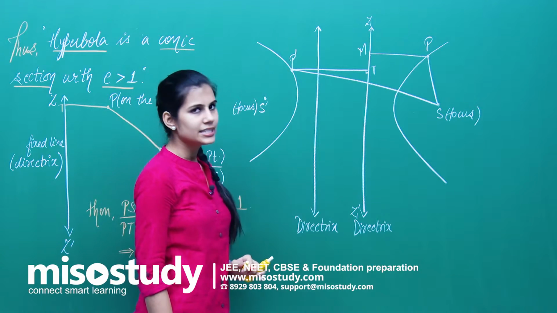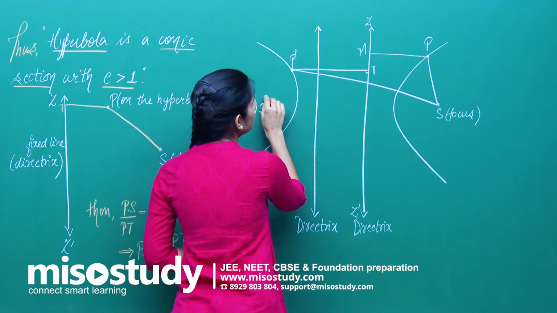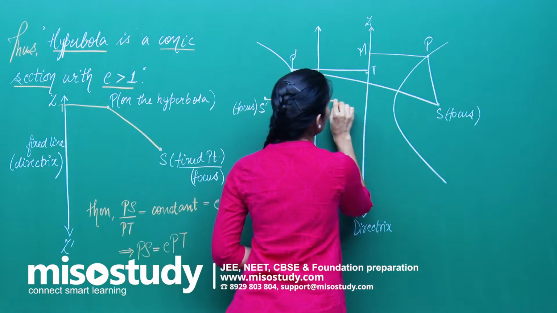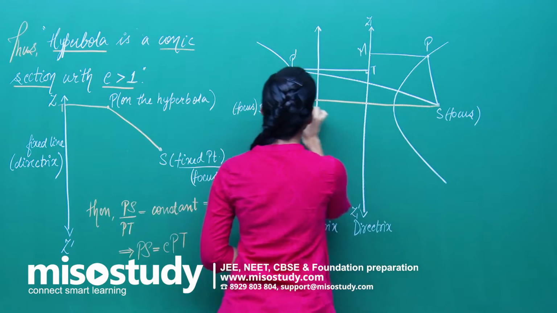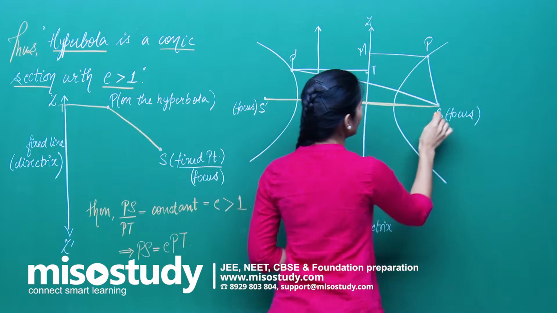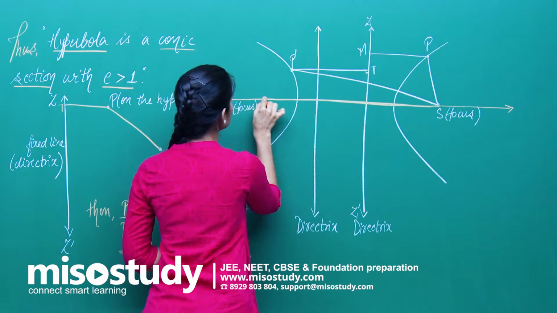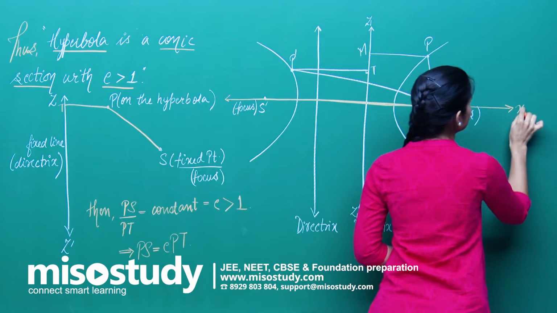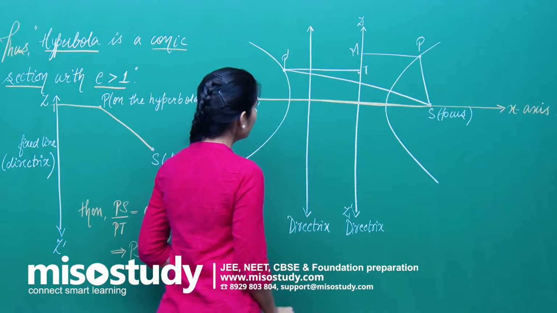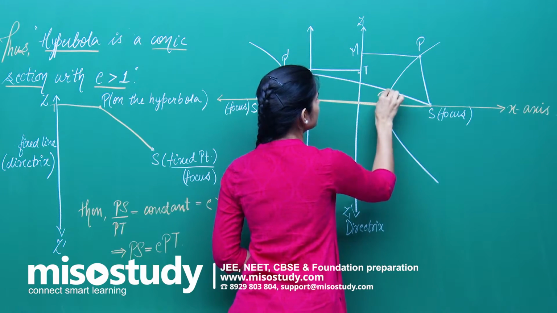Now how do you perceive it in the Euclidean plane? Suppose that you join both the foci, and extend this line, name this as the x-axis. Clear? Now suppose this point is A and this point is A dash.